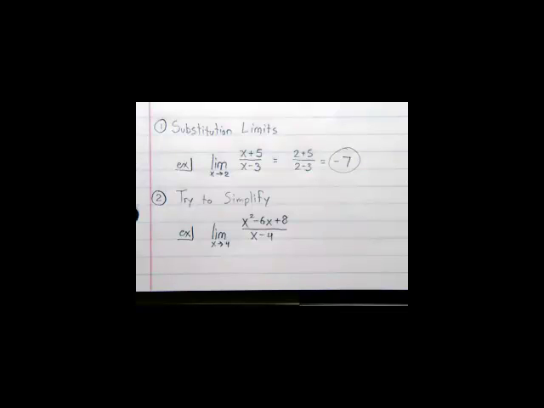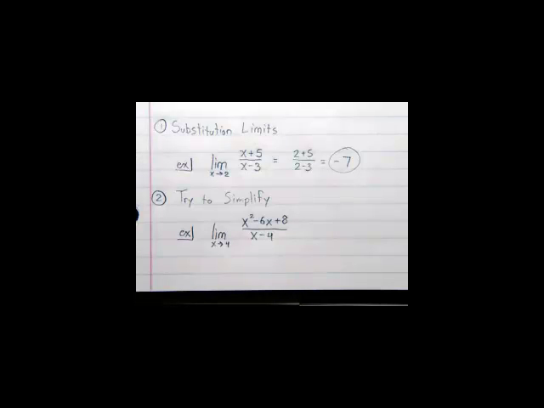What's going to happen if I try to do this one like a substitution limit? You're dividing by 0 again, which is bad. So what we're hoping for then is, can we factor some things out, do some cancellations, so that this x minus 4 just goes away? And then we can take whatever's left over and plug in and use that then.